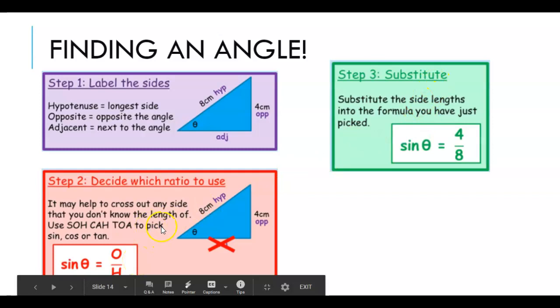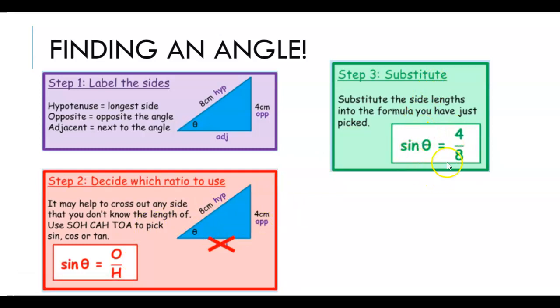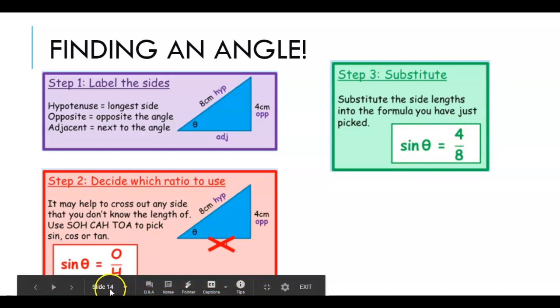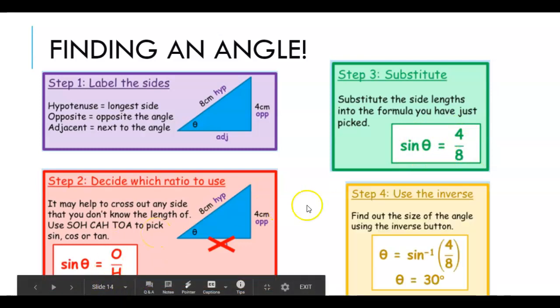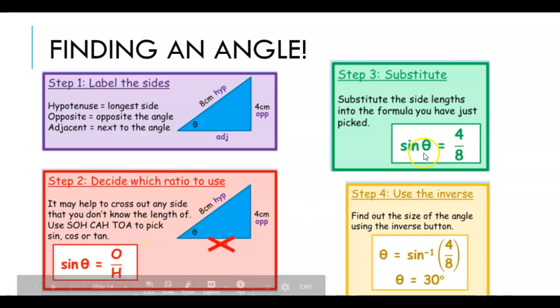The third step, substitute the values that are given to us. So here we have sine of theta equals 4 over 8. We need to solve for angle theta. Remember, when we need to isolate the variable, we do the opposite operation. When we deal with trigonometric ratios, when we solve for angles, the opposite operation is using the inverse of that ratio.